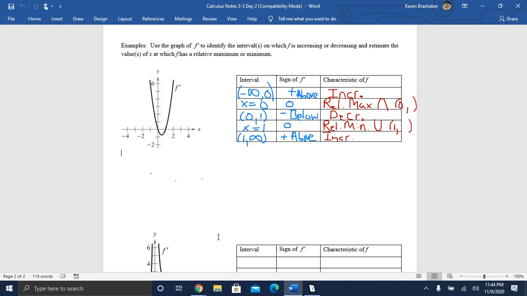So as you draw the original function, you have a little bit less knowledge. You do know that you need to have a maximum at x equals 0 and a minimum at x equals 1, but you don't really know where this graph is to be drawn.